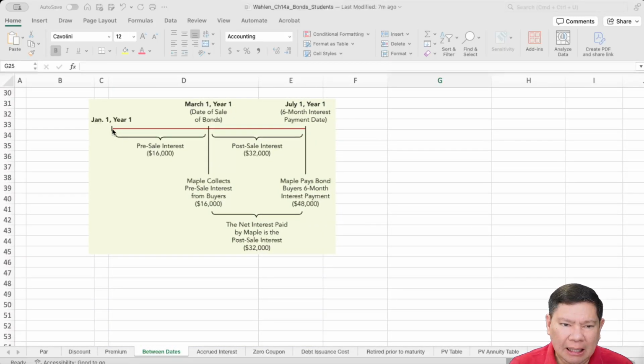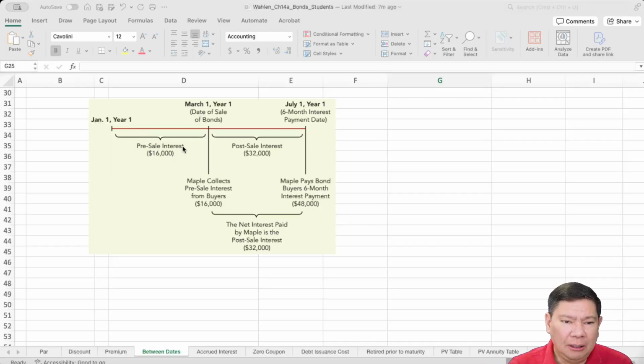Okay, the interest is from January 1st to July 1st. The bonds are issued on March 1st, so the issuing company needs to pay only for 4 months, March, April, May, and June, not the January and February, because that was before the bonds were issued.